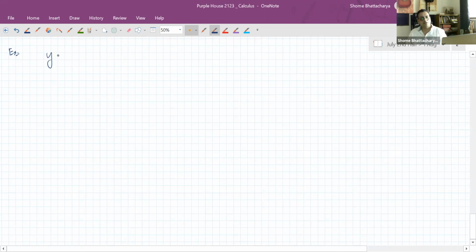So we have this function y is equal to 4x minus x square plus 1.